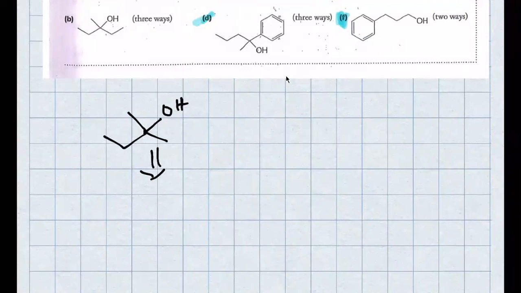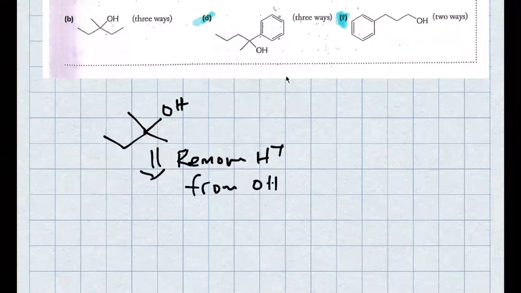So what is the first thing I need to do? Make your oxyanion. Yeah, so remove H plus. That's my strategy, and I don't deviate from it. I start with the alcohol, working my way backwards. The first thing I'm doing is taking the H off of oxygen and making it into an anion.